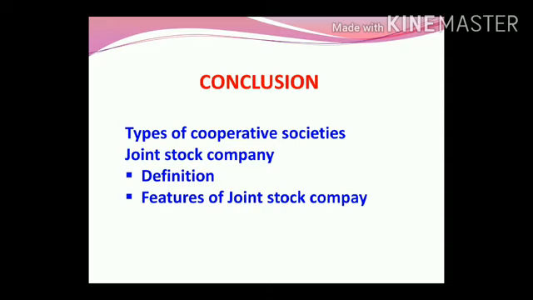A joint stock company is an artificial person created by law with a separate legal identity, perpetual succession and a common seal. Then we discussed the main features of a joint stock company. The main features are artificial person, perpetual succession, separate legal identity, common seal, limited liability, etc.